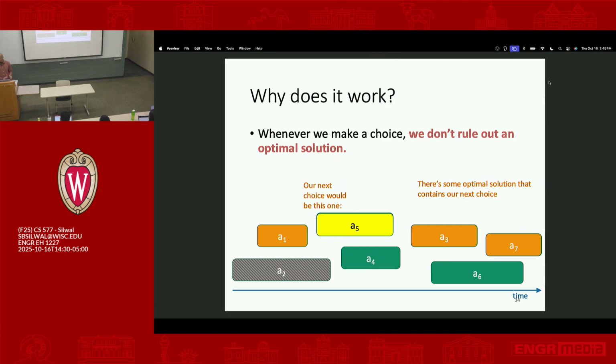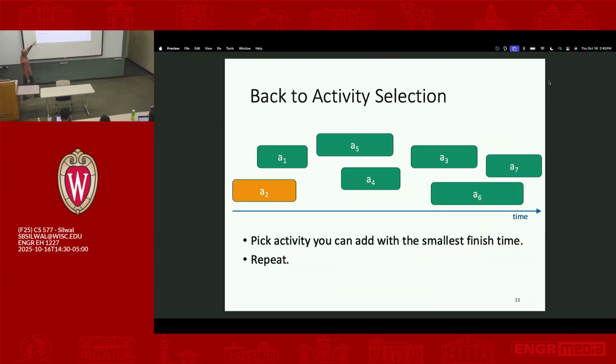All right, so let's say in the beginning I picked this activity, and it's part of some optimal schedule, okay? There's some optimal schedule that contains this activity. So initially, let's just assume that.